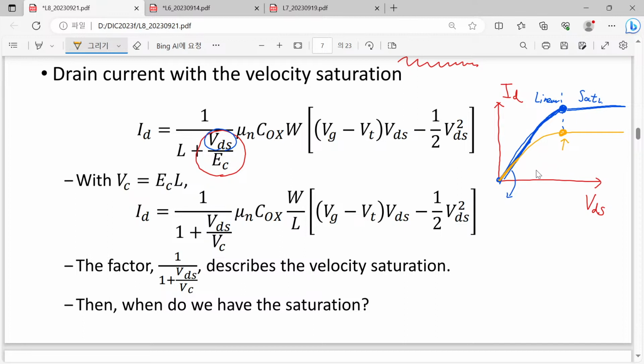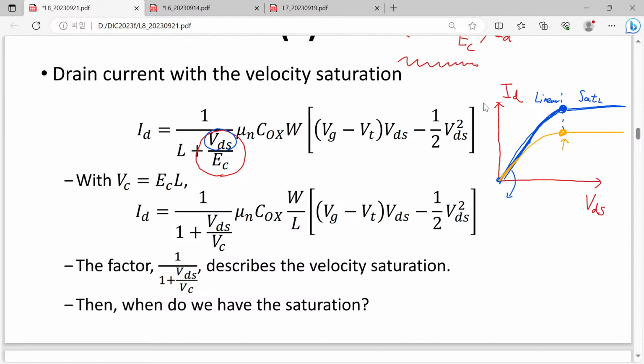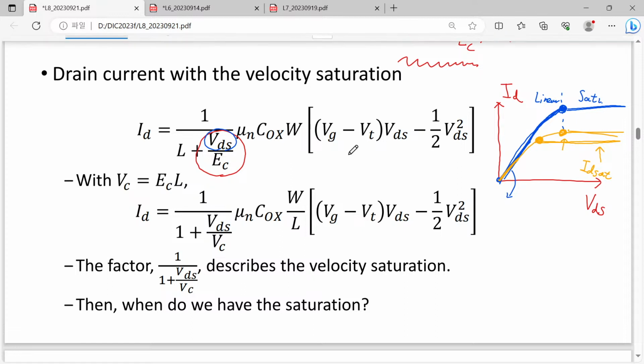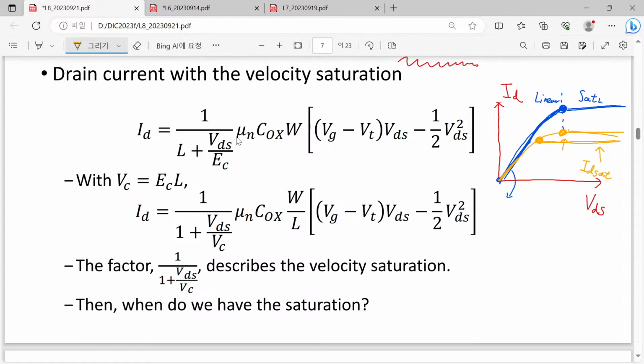However, an important implication of this model is no, this transition occurs a lot earlier, and after that we will have a saturated value. Then you can expect that this saturation current with velocity saturation level can be even lower than this value.